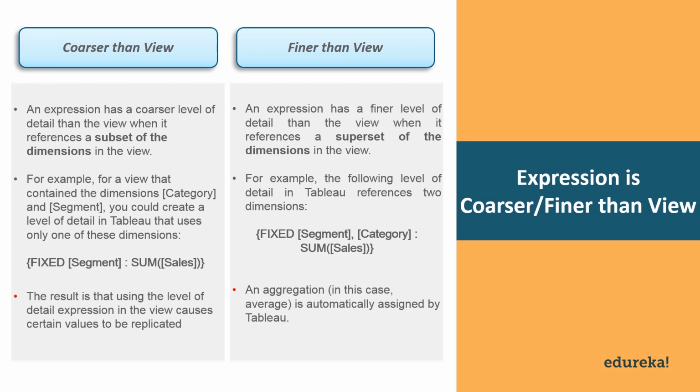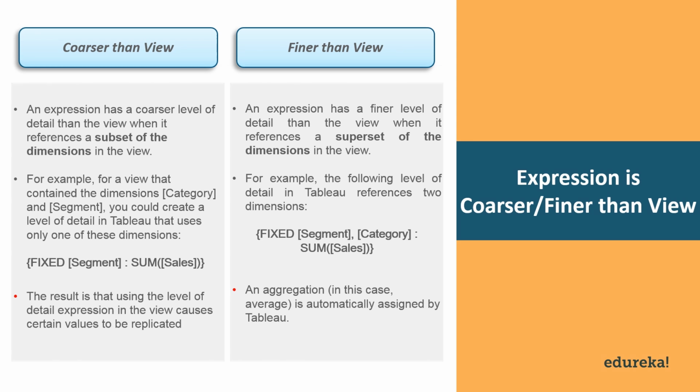So what do we mean by coarser or finer in this case? If I said the level of detail expression is coarser than the view level of detail, I mean that it references a subset of the dimensions of the view. For example, for a view that contained the dimensions category and segment, you could create a level of detail that uses only one of these dimensions.